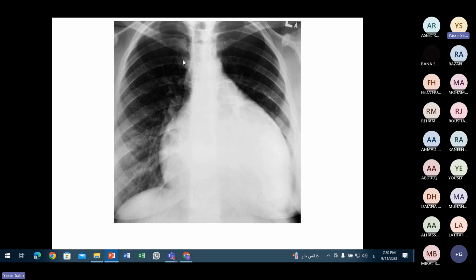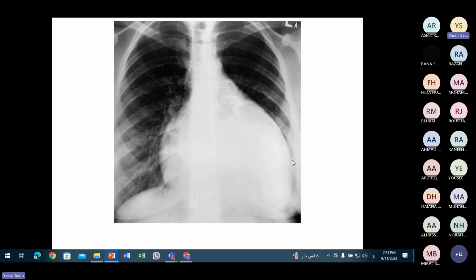Okay, how do we interpret this chest X-ray? How about the trachea? Normal trachea. Yes. Lung: upper zone, middle zone, lower zone, compare them. Is there any abnormality? No markings, no blood vessels.